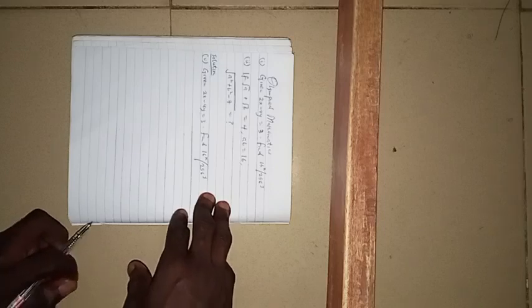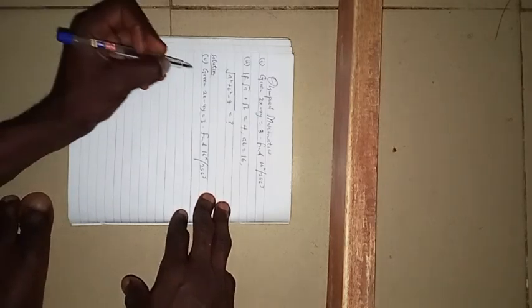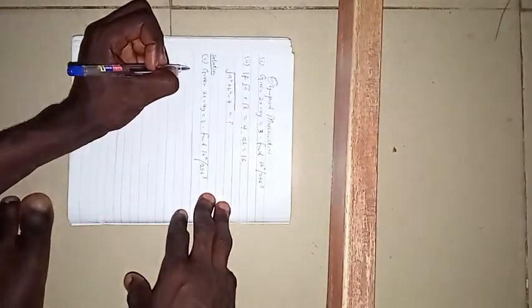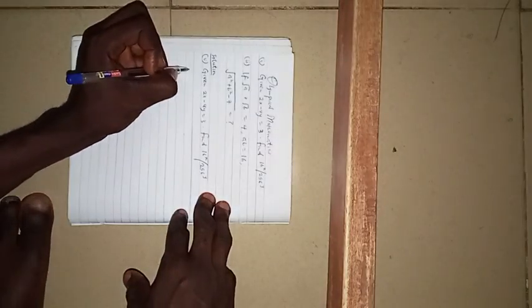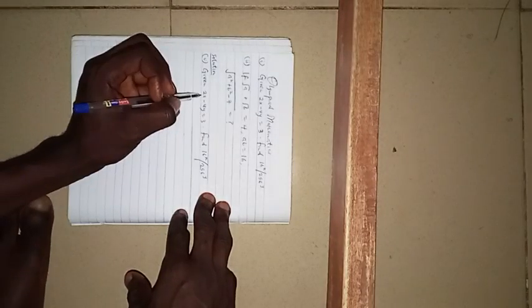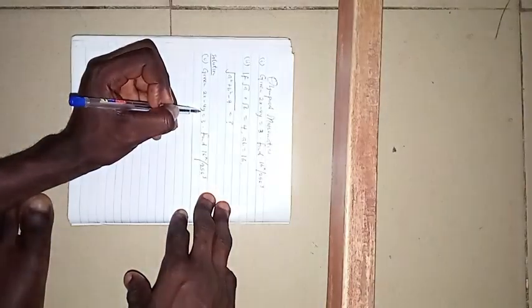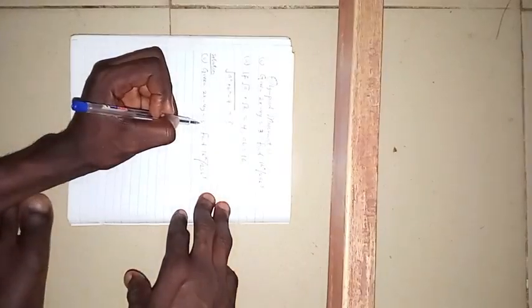Looking at this, it looks tedious and even as if it is not possible to solve. But follow me as I solve it. Given this, I can divide both sides, that is 2x divided by 2 and 4y divided by 2 equals 3 divided by 2.